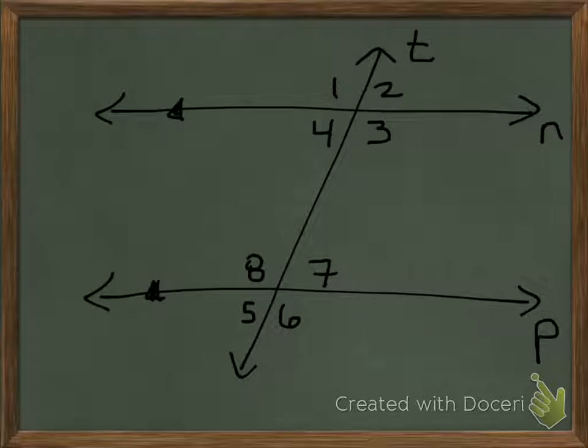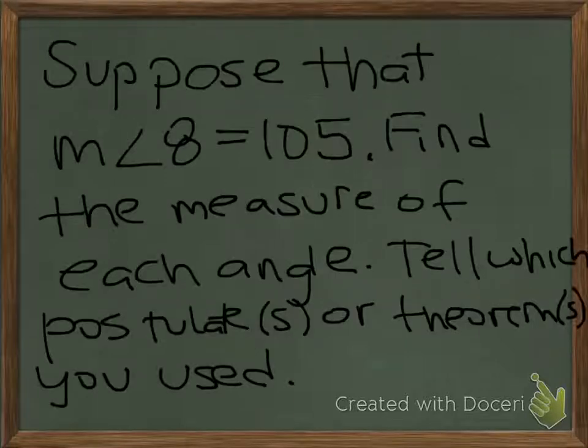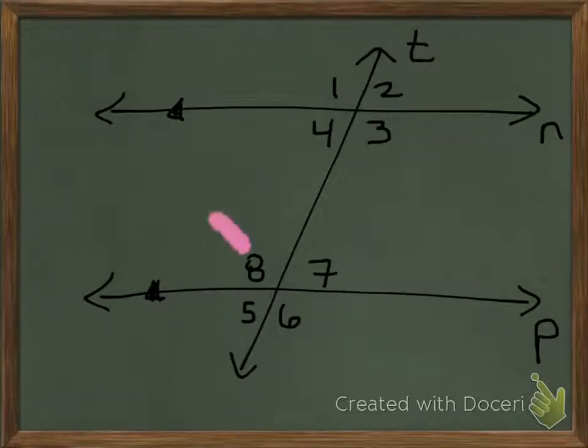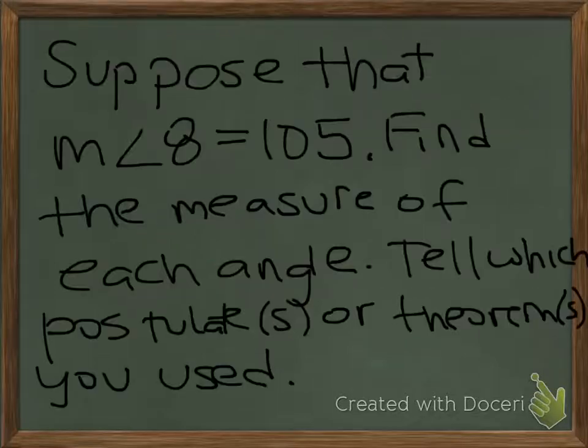So here's our diagram that we're going to use, and we need to find the angle measures, and they're going to give us some information here. It says, suppose angle 8 is 105. If we go back, that means right here is 105. With that, we need to find the measure of each angle on the next page, and we're also going to tell the postulate or theorem that we used.